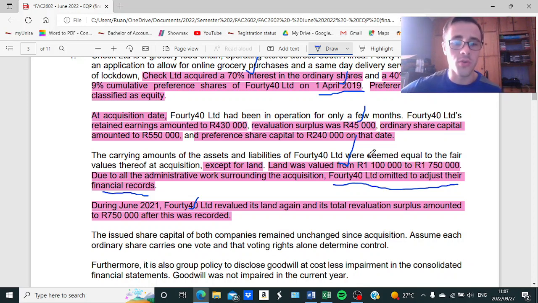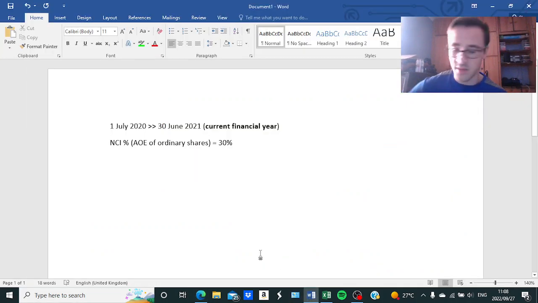If they give you a balance for revaluation surplus at acquisition, meaning the 45,000, and there was another revaluation that occurred on the same date but was not recorded, the only thing that you do is adjust this balance right here by the value of the revaluation that was not recorded, meaning the actual balance of revaluation surplus on the date of acquisition. Let me just show you what I'm talking about, because otherwise it will sound a lot confusing.